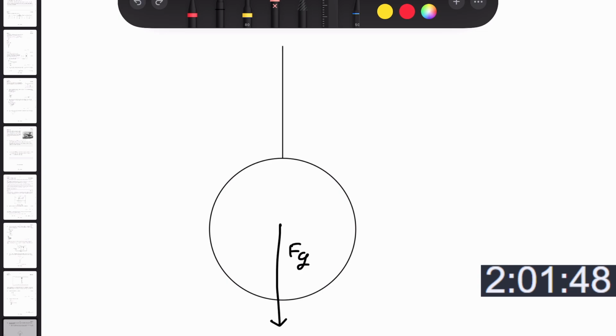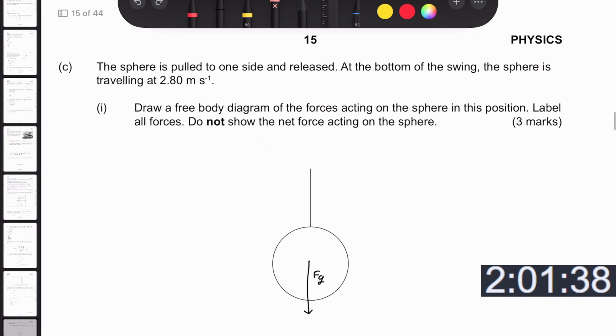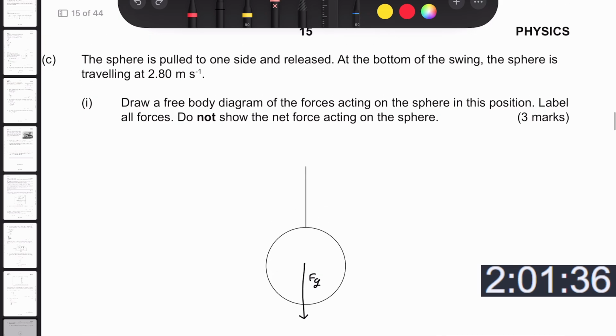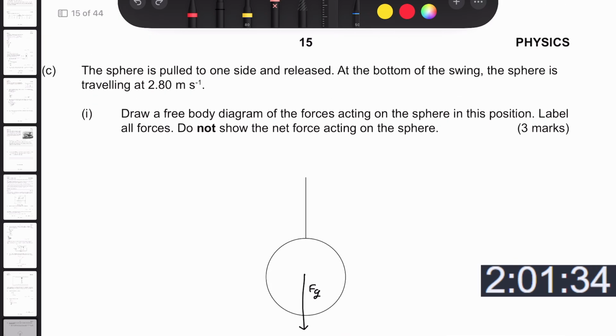And then does it need to be even at this point? Three marks. There's probably 1 mark for all of them, 1 mark for direction, and 1 mark for centripetal.